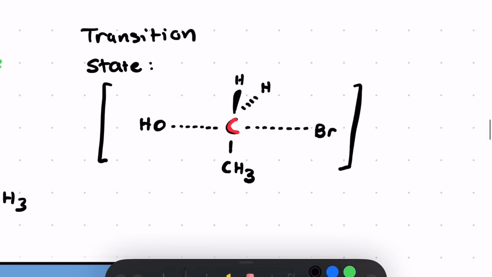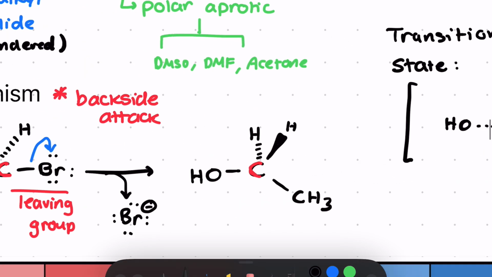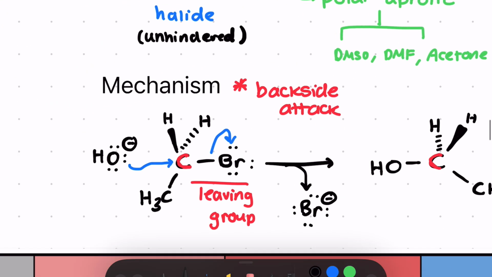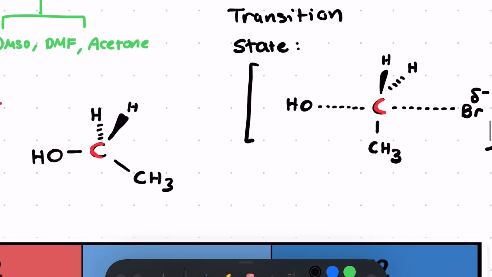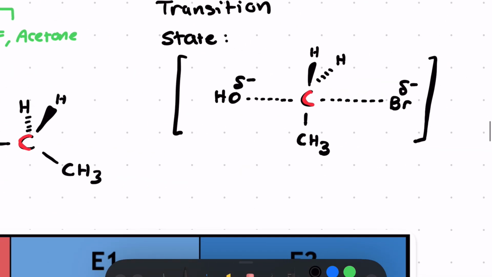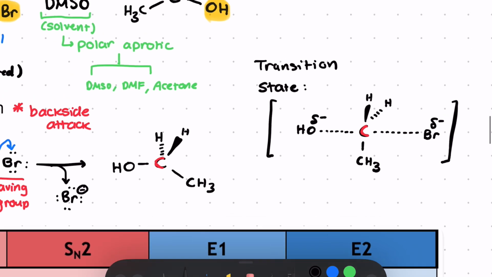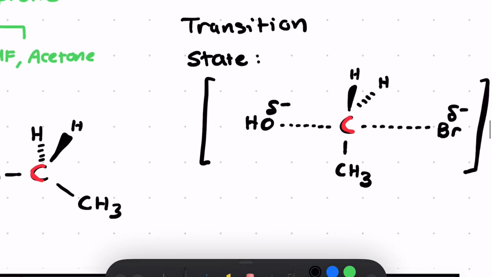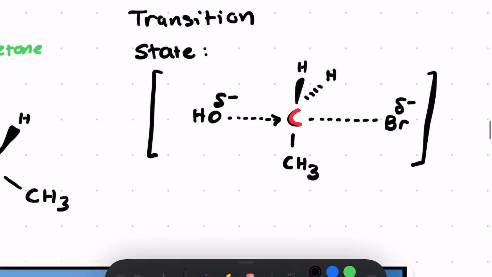So in the transition state, that's going to have a partial negative charge. Similarly with hydroxide, hydroxide has that negative charge there. So this is going to have a partial negative charge here. Okay, and what this is showing is that the hydroxide is adding to the carbon atom and the bromine is leaving.